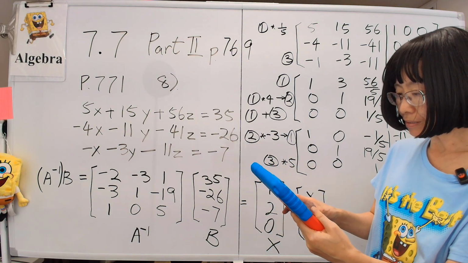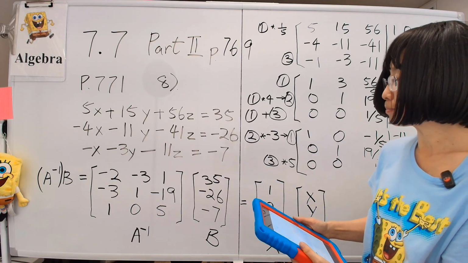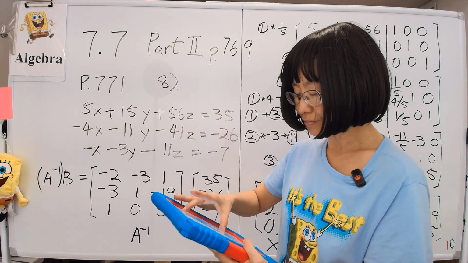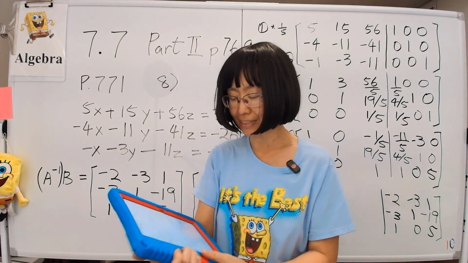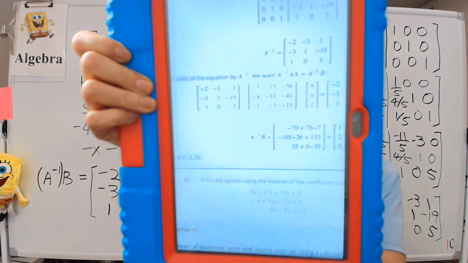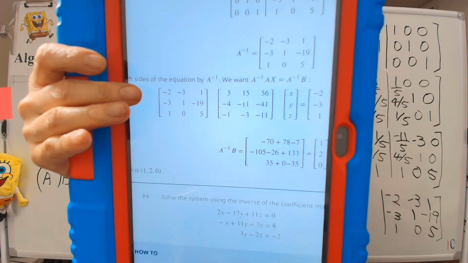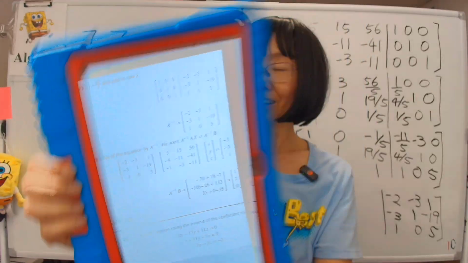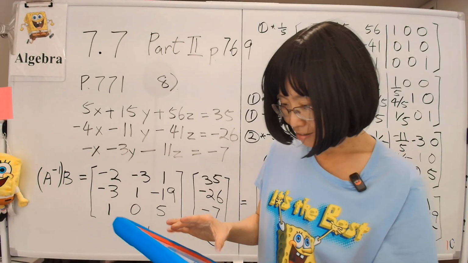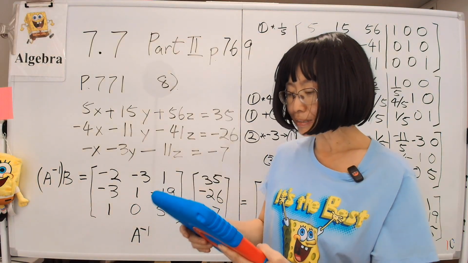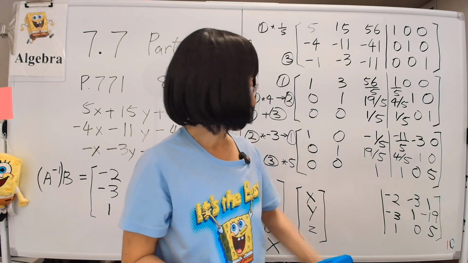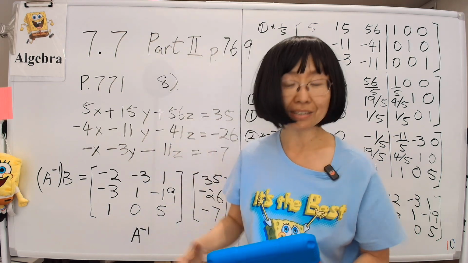Now, what your book did is your book wants you to multiply the original A with the inverse of A to make sure that it turns into an identity. Doing that will help you be sure that you didn't make a mistake. But I skipped that part because let's not work that hard, because assuming that our inverse is correct, then you just multiply by B and you get the answer.